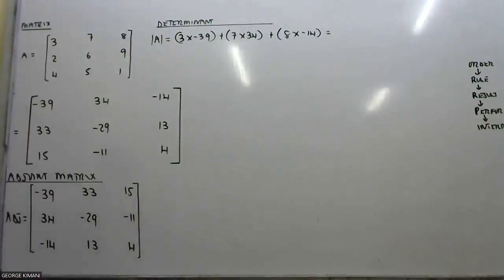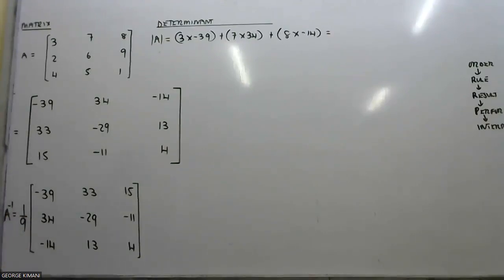And the last step is the inverse. So the inverse is simply 1 out of the determinant. That is A inverse. It is 1 out of the determinant, 9, multiplied by the cofactor matrix.